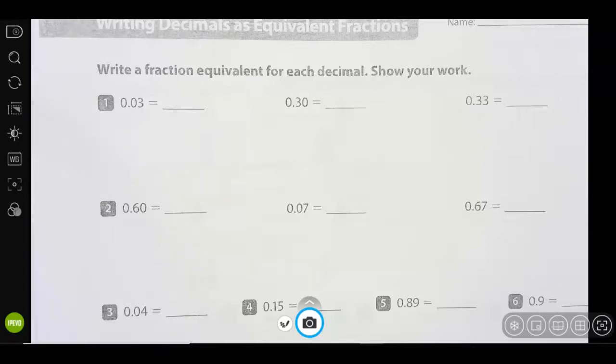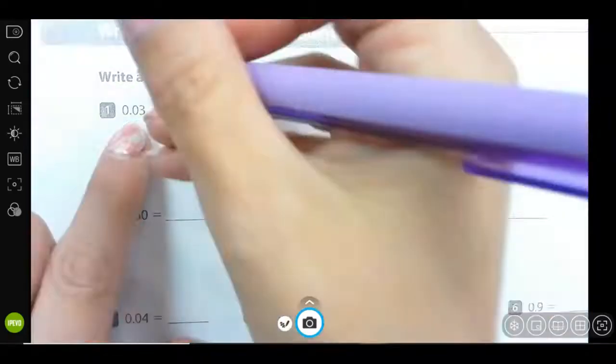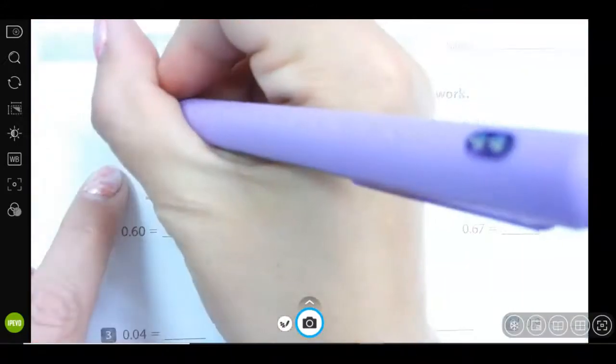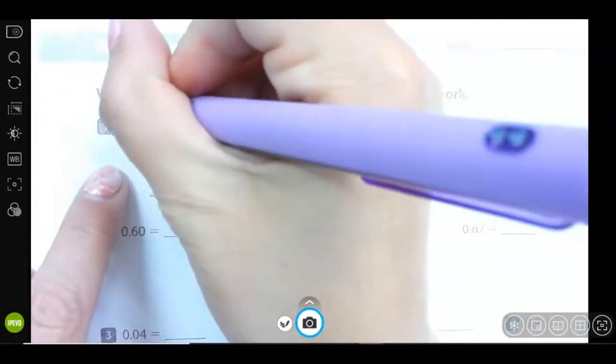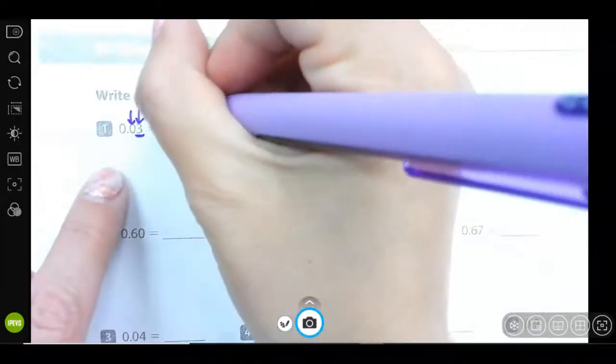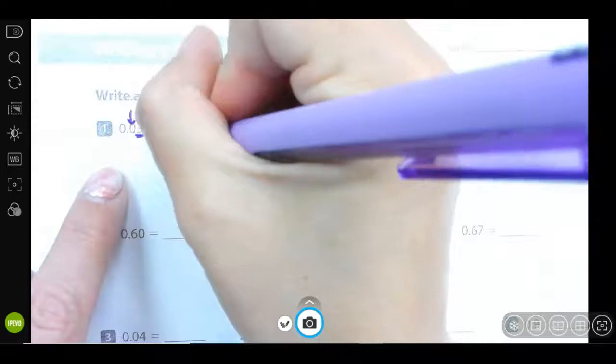Awesome. Okay. So number 1, the 3 is in what place value? The 0 is the tenths. The 3 is the hundredths. So this is going to be 3 hundredths.